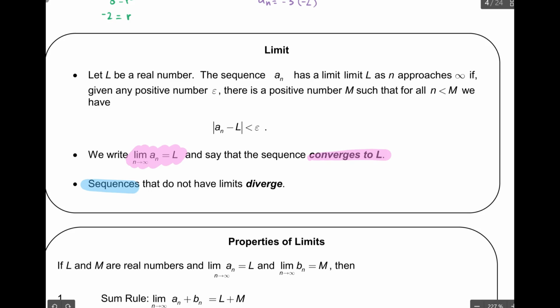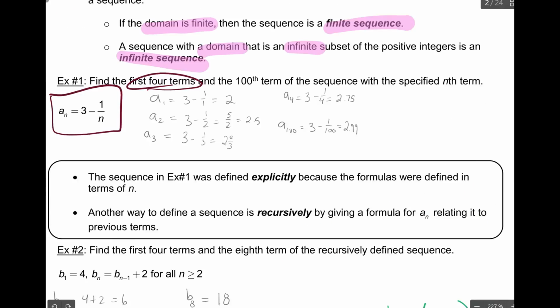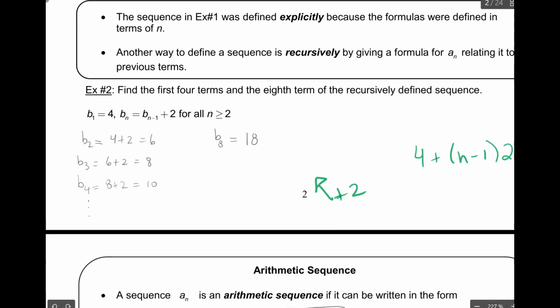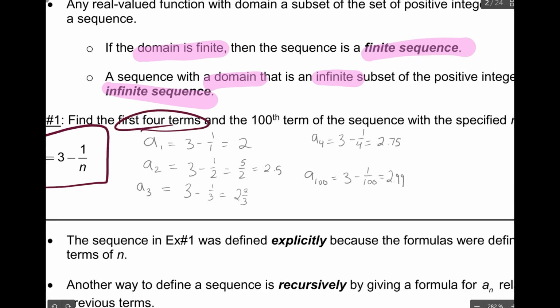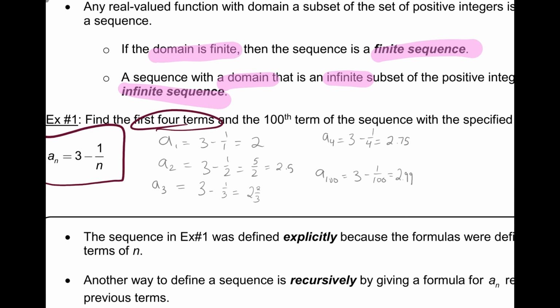I don't get how there's a limit. So if we say that as my sequence approaches a number, for instance, the very first one we did, is there a limit to this one? So first term, second term, third term, fourth term, 100th term: 3.